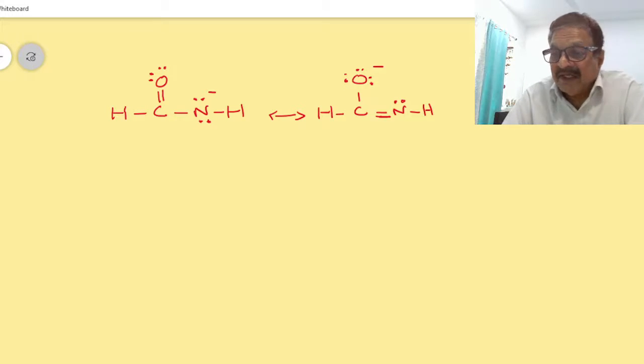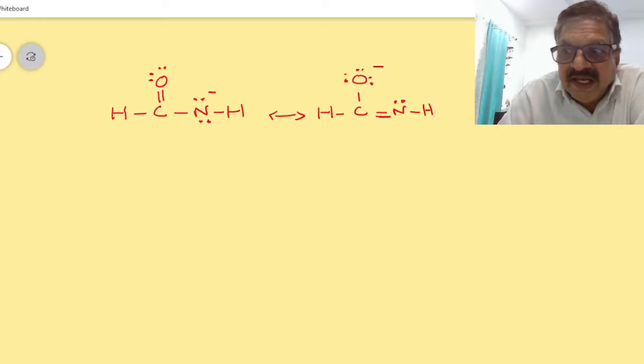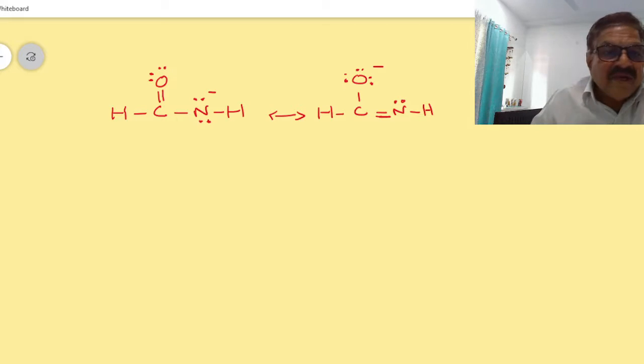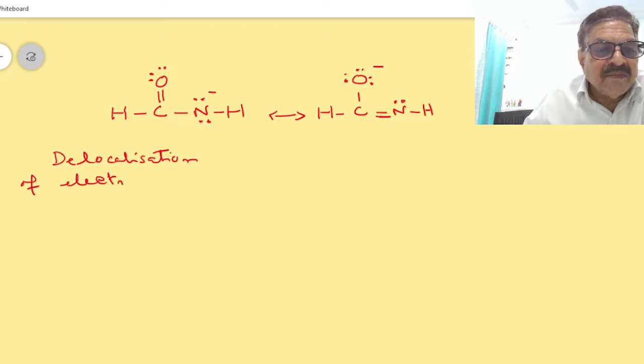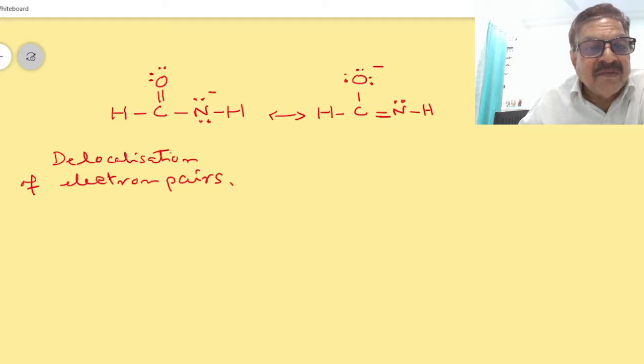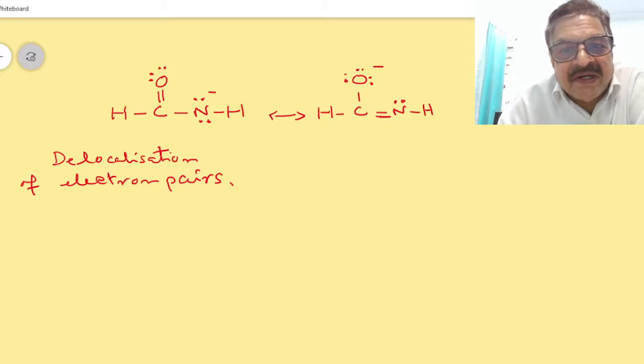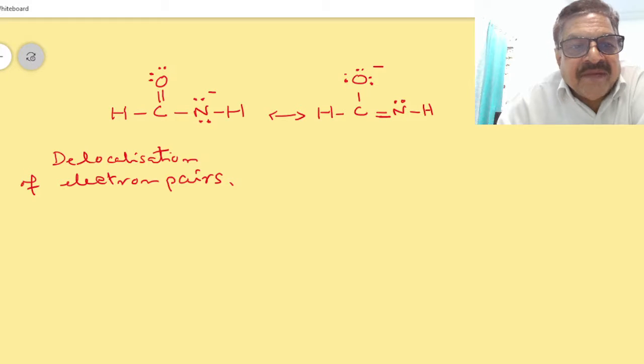Certain electron pairs are getting delocalized. Okay, delocalization of electron pairs is a very important point. So this will add stability. You see, when the electron pairs are not stationary on one particular atom but keep on moving, that is getting spread.